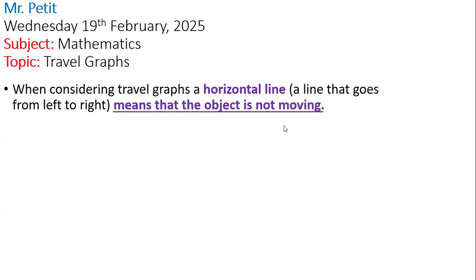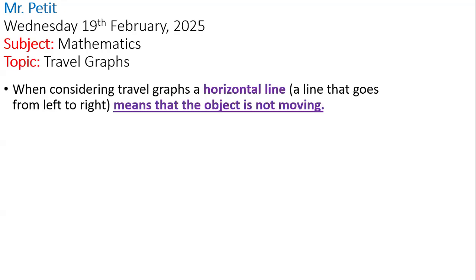I can't hear Randolph. Rashid Wilson, go ahead and read the sentence. When considering travel graphs, a horizontal line, a line that goes from left to right, means that the object is not moving.